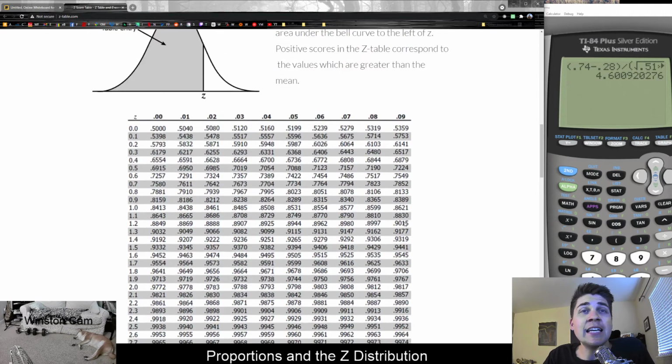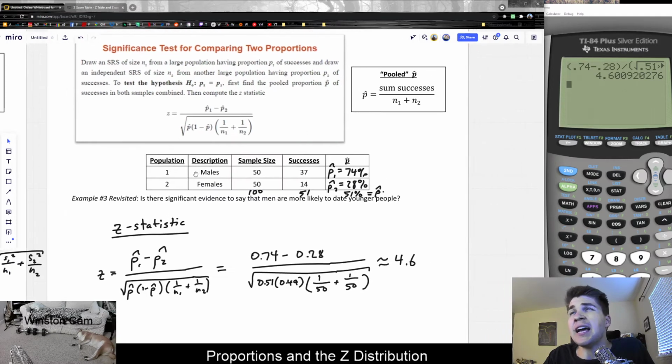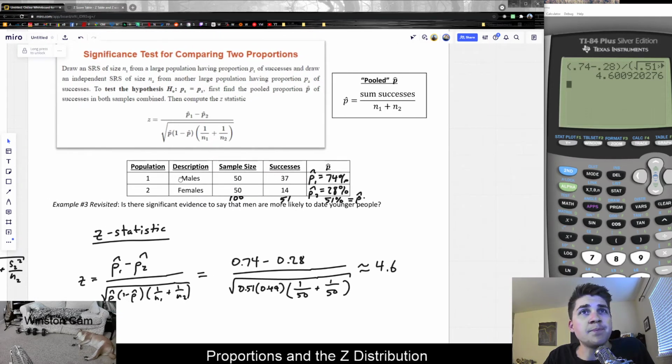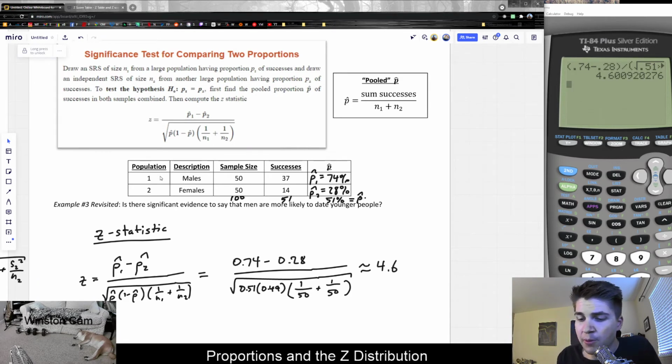And technically, when we're looking at probability, we should look at the null and alternative hypotheses, so we should probably write those out. So let's go ahead and do that. The null hypothesis is that those proportions are equal, P1 is equal to P2. And the alternative hypothesis is that they're not.